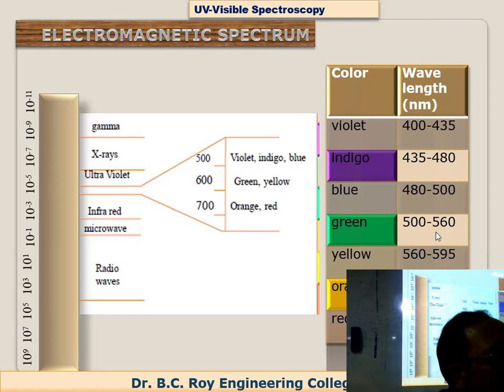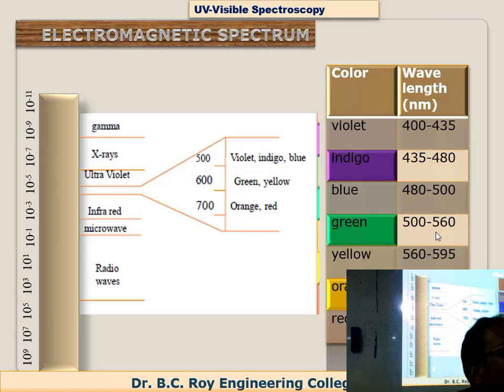This machine, UV spectroscopy, is very effective to analyze impurity in a drug sample. If you have some drug and want to analyze how much impurity is in that bulk drug, ultraviolet spectroscopy is the best one. There are so many other spectroscopies also. This is the utility of ultraviolet that I am telling.